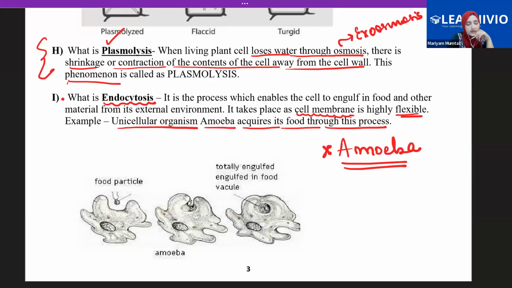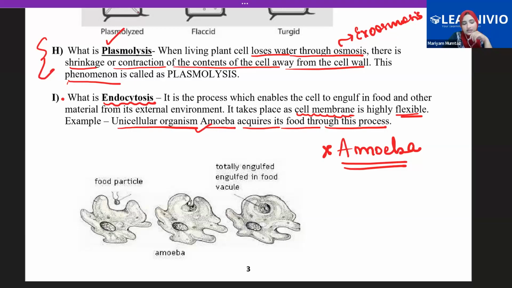So when we talk about endocytosis, the food molecule is taken inside the body of the amoeba. Unicellular organisms such as amoeba acquire their food through this process.